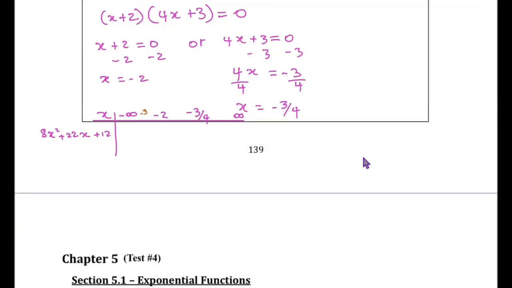Let me take -1 over the interval from -2 to -3/4. And then I'm going to take 0 over the interval -3/4 to infinity.